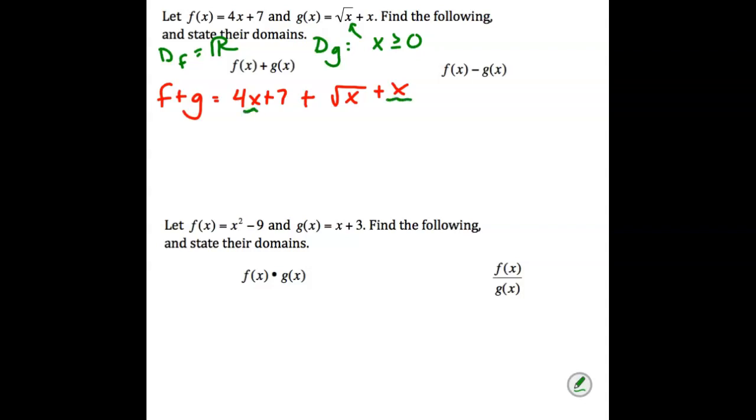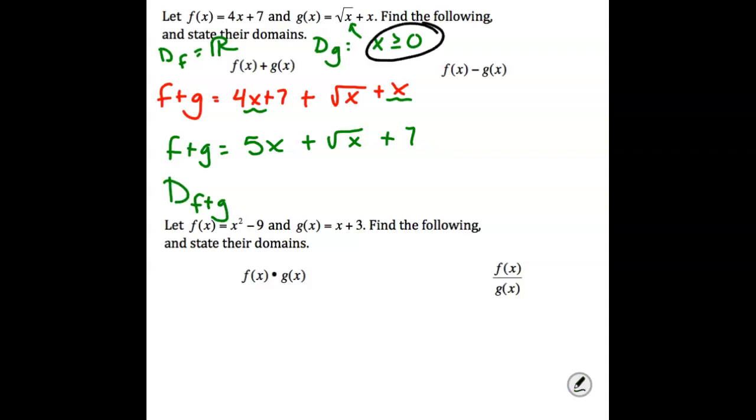We could put these x's together, so f plus g would equal 5x plus the square root of x plus 7. Now, once again, our domain for f plus g has to include that restriction that we had at the beginning: x has to be greater than or equal to 0.